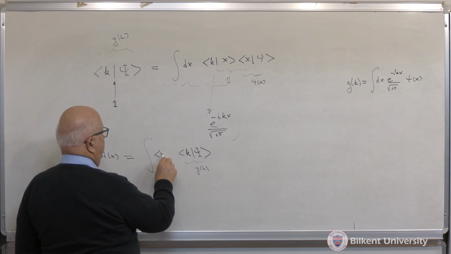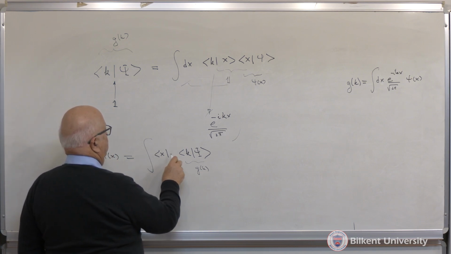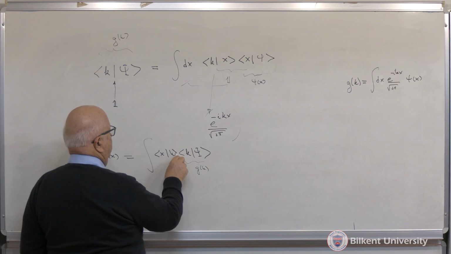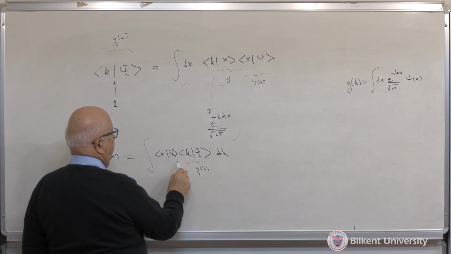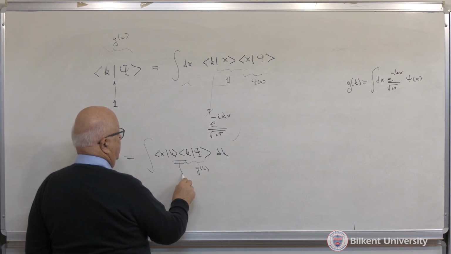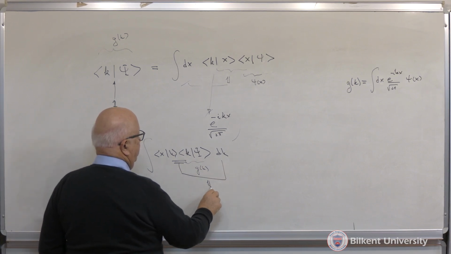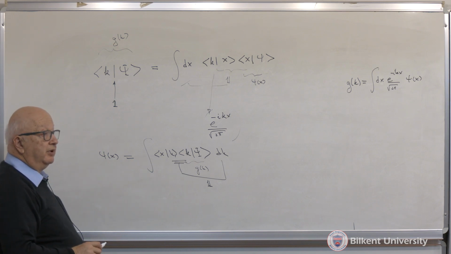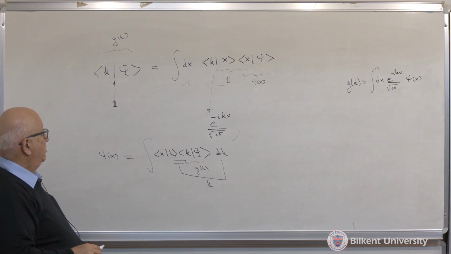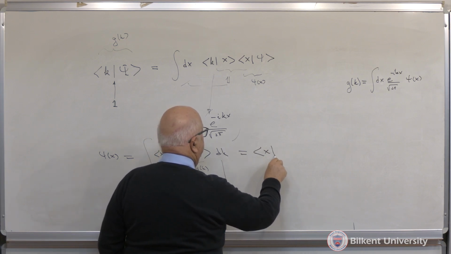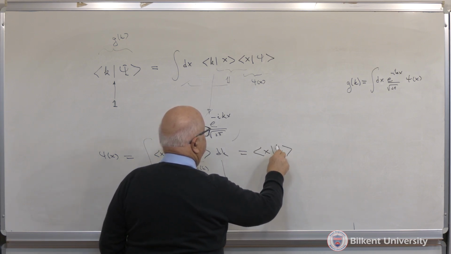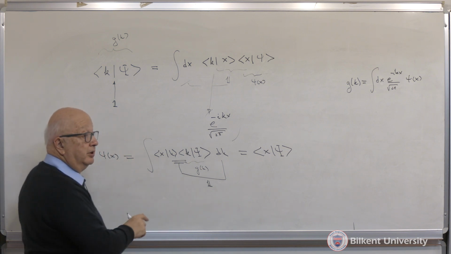So if I put in x k and integrate over all k, now I have my identity. The k and k together give me identity. So this just gives me x psi, which is exactly what I want.